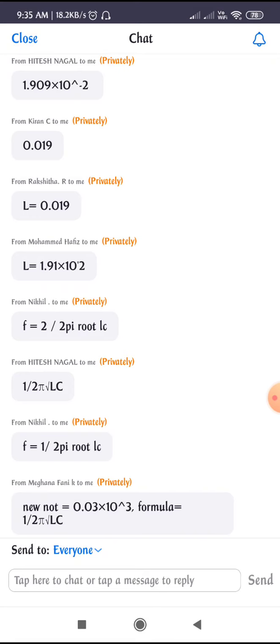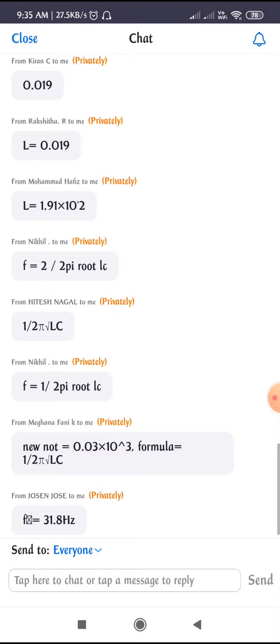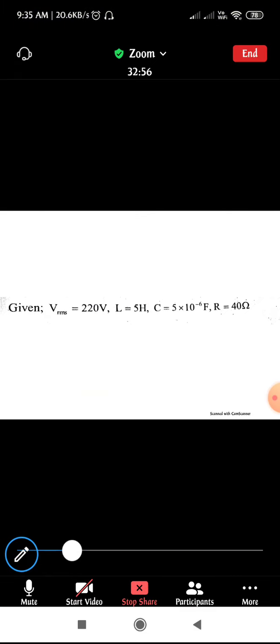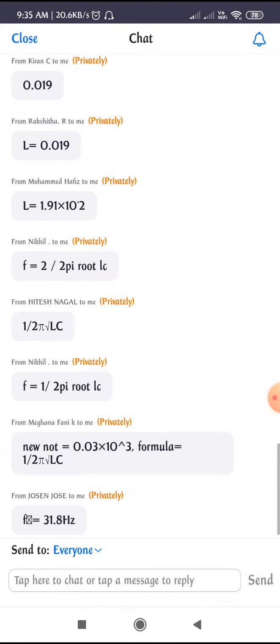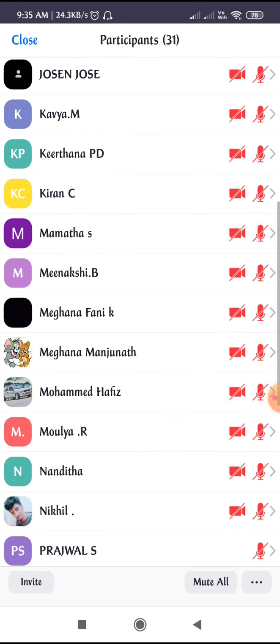Yeah, correct. Yes, Josen, correct answer. So just go through sub question B and C. Yeah, Shajit, correct. Yes, how about Maulya? Maulya, what is the value of F naught you have got? That is the resonant frequency value.